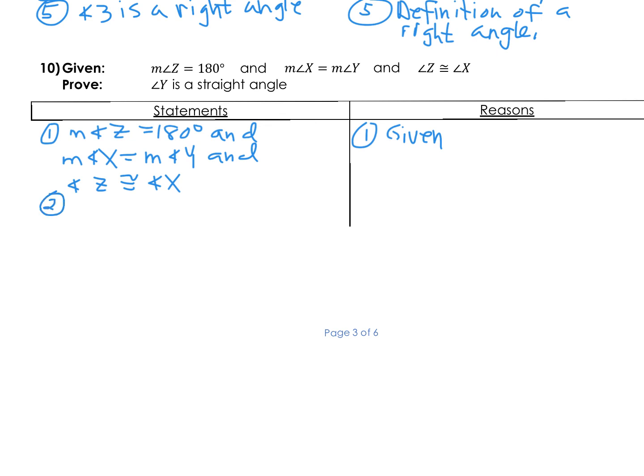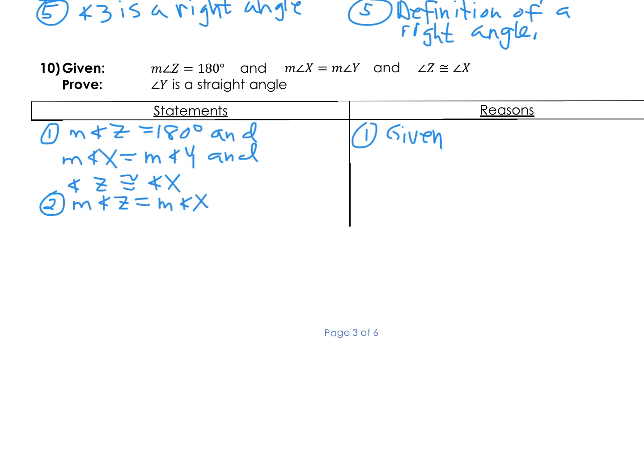So then my step 2 is going to be, let's see, measure of angle Z is exactly equal to the measure of angle X. I'm going to change this one into the equality statement. Reason being because this one's already the measure of.